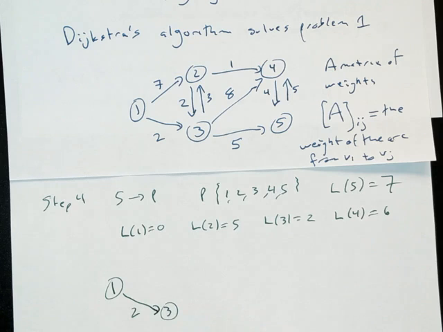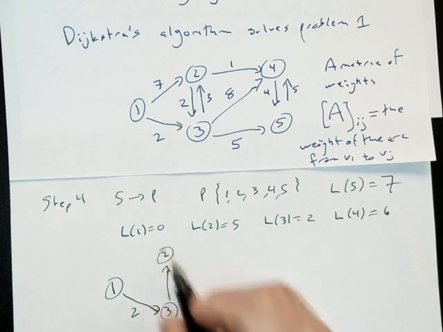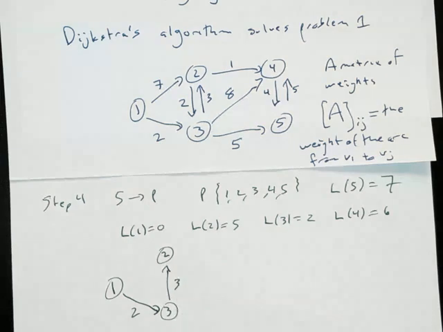What did I make permanent in the next step? I'm writing down the weight and the edge directly from our old version of our digraph. Wait a minute, to go directly from 1 to 3 was 2.